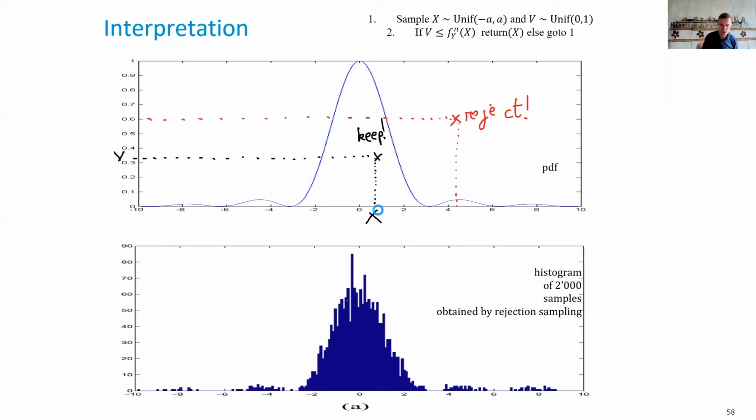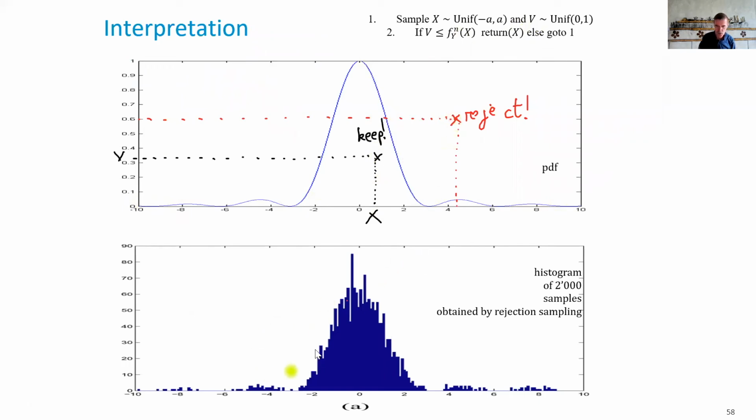So the interpretation is, I draw here a number, in this case uniform, between 0 and 10, and I draw another number which is between 0 and 1 here. And if I am below, I keep it. If I am outside, I reject.